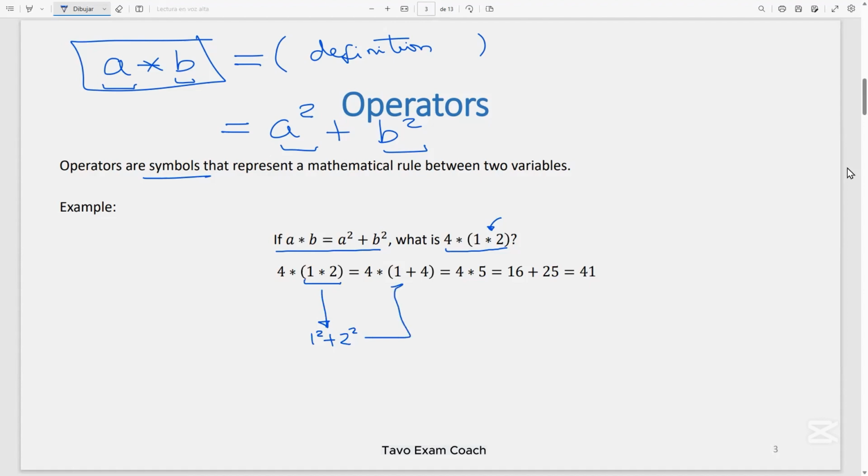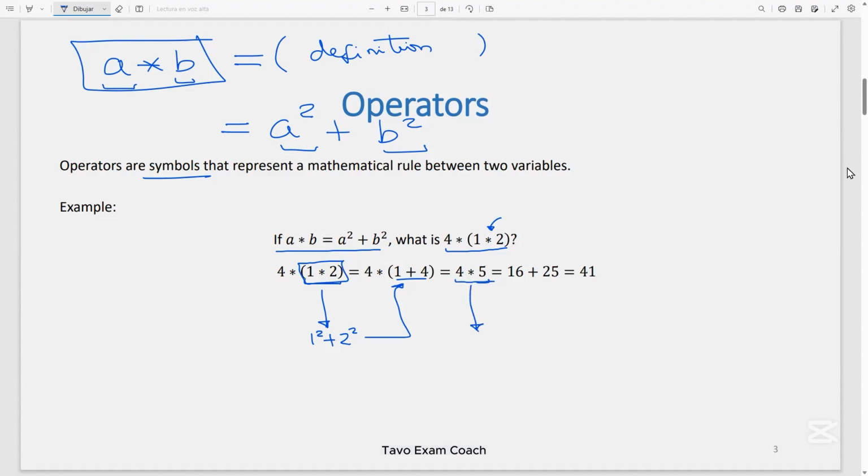That is to say, 1 plus 4. If we add 1 plus 4, that yields 5. So the original operation becomes 4 asterisk 5, because 5 is the result of the parenthesis. Now again, we apply the definition of asterisk.